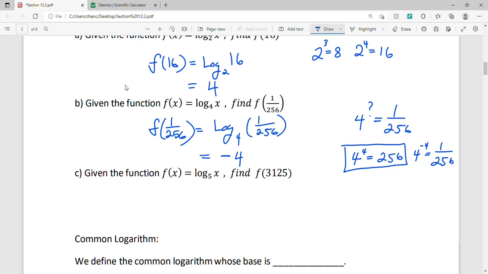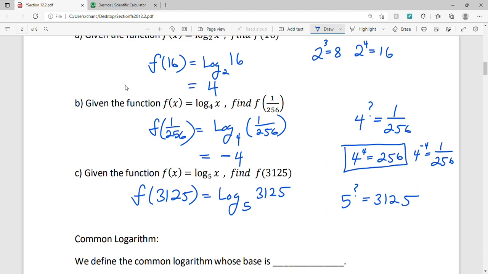Part C, let's write f of 3,125. We'll do the substitution into our logarithmic function. And we'll have to guess. 5 to what power gives us 3,125?